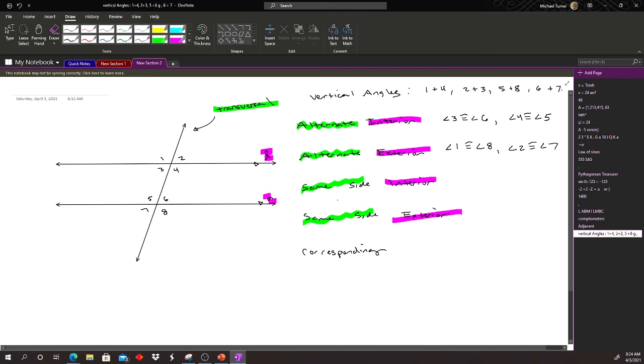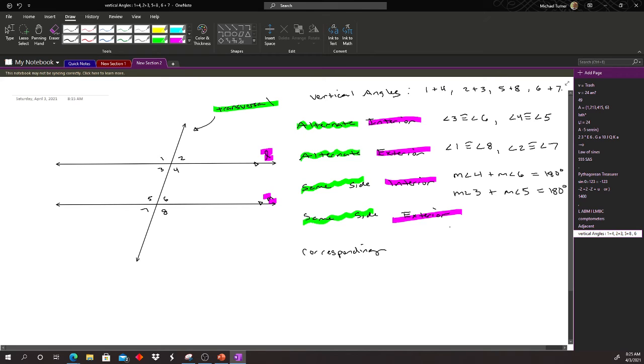And then we have same side interior. So looking at, let's say, 3 and 5, or 4 and 6. Those are different angle types. One is acute and one is obtuse. So same side interior, angle 4 and angle 6 have to add up to 180 degrees, and angle 3 and angle 5 have to add up to 180 degrees.